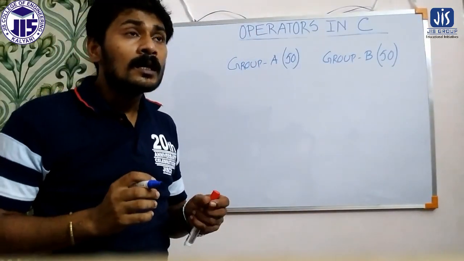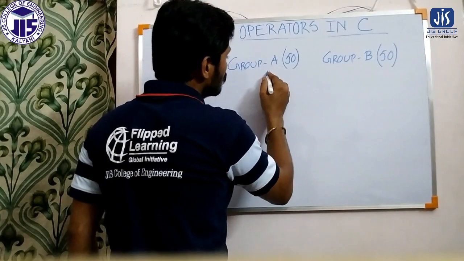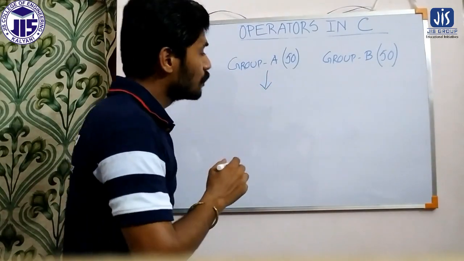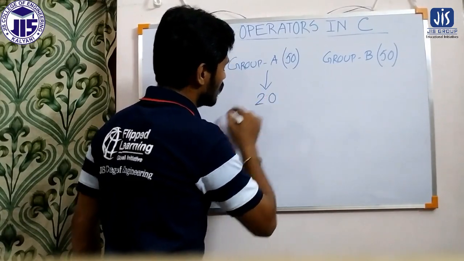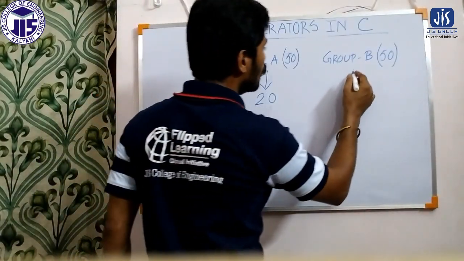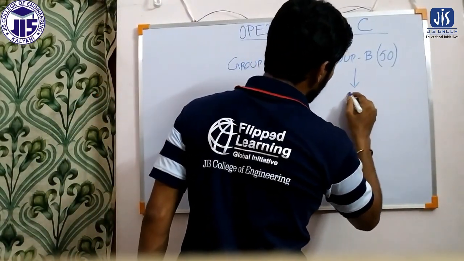Now if you qualify in Group A, the qualifying marks is, for example, 20. In Group B also, for example, the qualifying marks is 20.